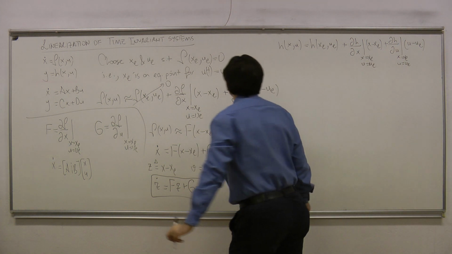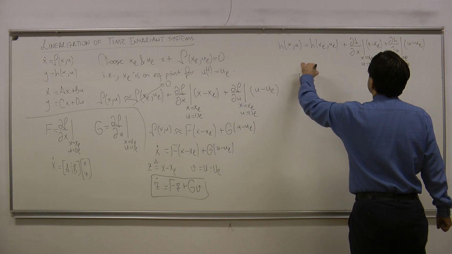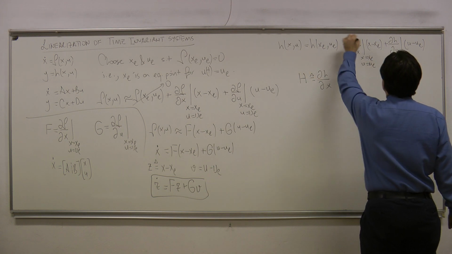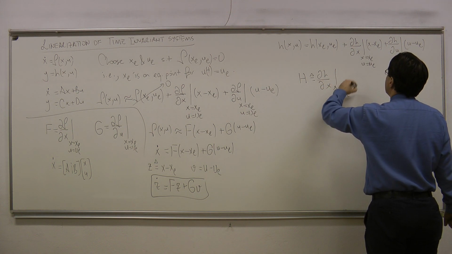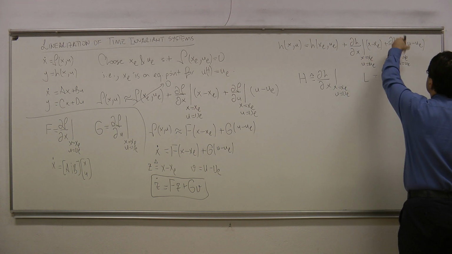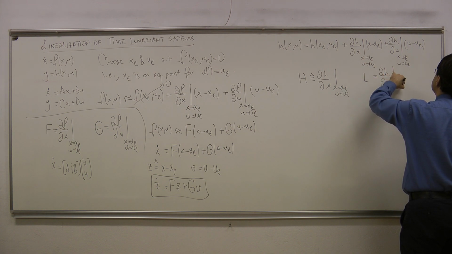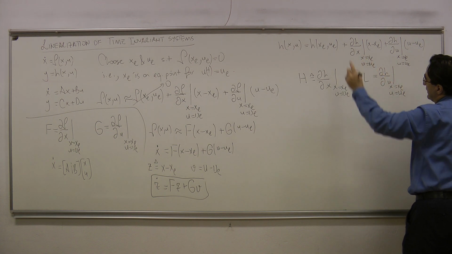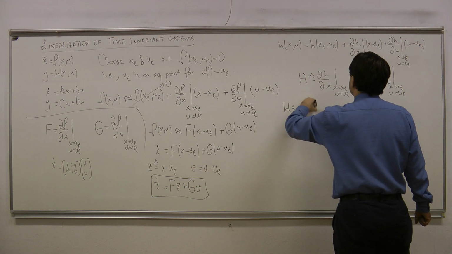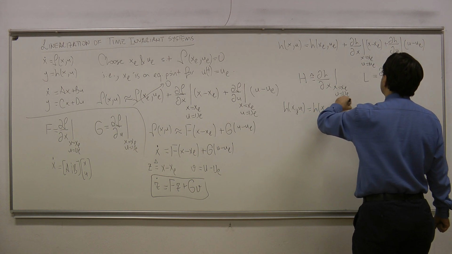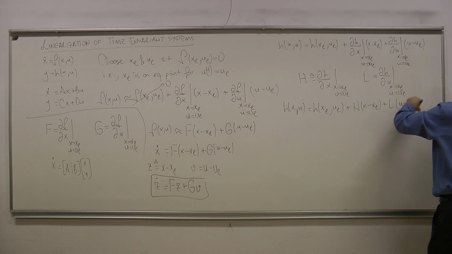Now I will define my new Jacobian matrices. H is going to be defined as the first one, the coefficient of x minus xe. And the second matrix, I will define as L. That is going to give me the following equation. h of (x, u) is h of (xe, ue) plus H times x minus xe plus L times u minus ue.